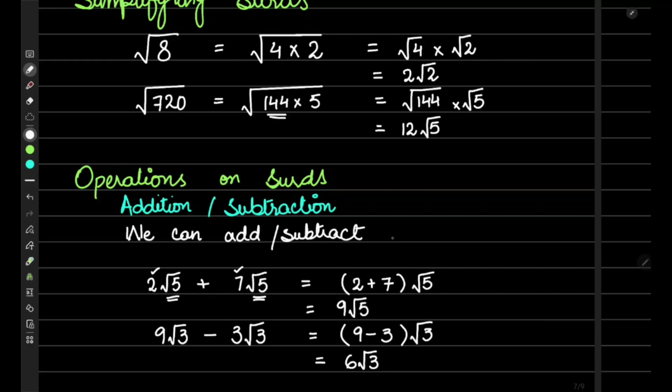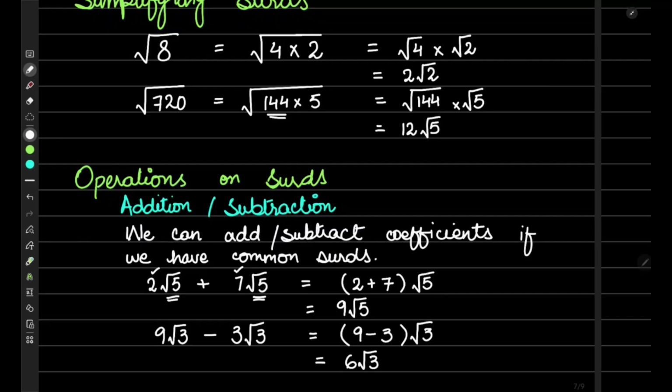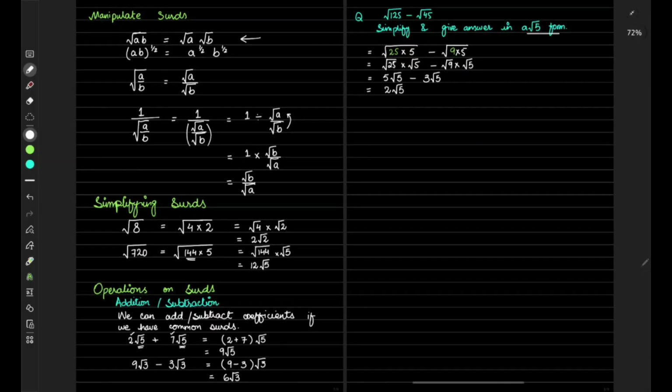I'm saying coefficients because these are the numbers with the surd. So we can add and subtract coefficients if we have a common surd. Now multiplication and division.